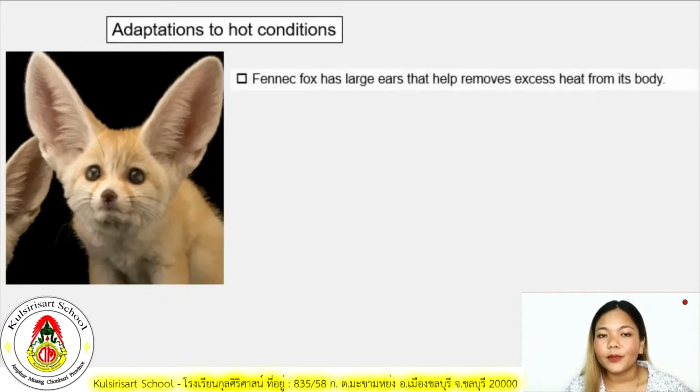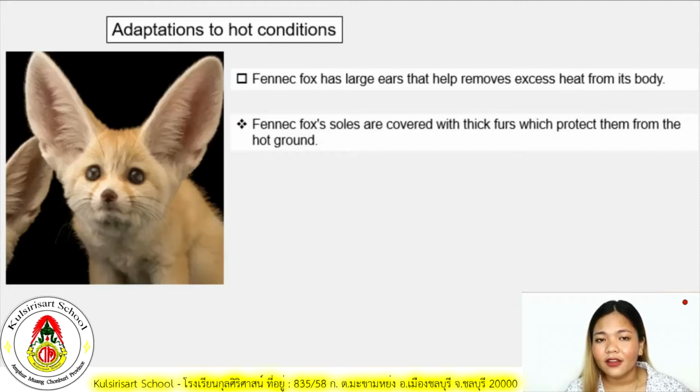We have here a picture of a fennec fox. A fennec fox has large ears that help remove excess heat from its body. As you can see here in the picture, this fox definitely has large ears. And these ears are not only features of the animal, but they also help it remove excess heat from its body.